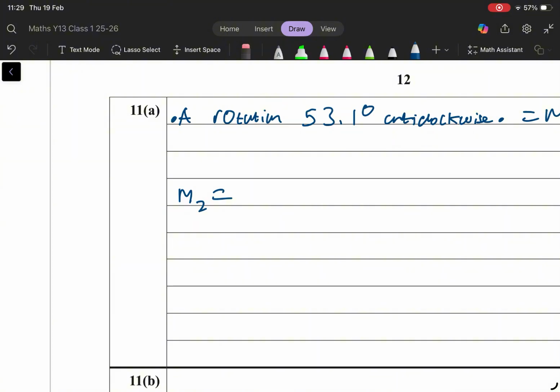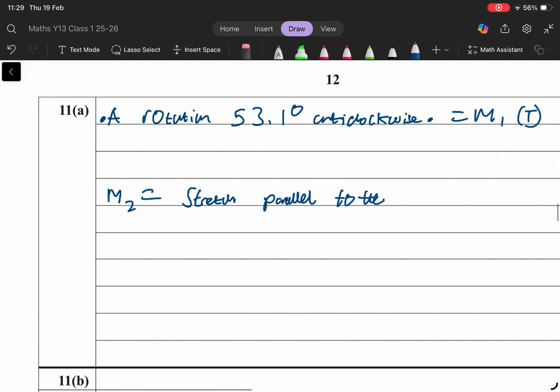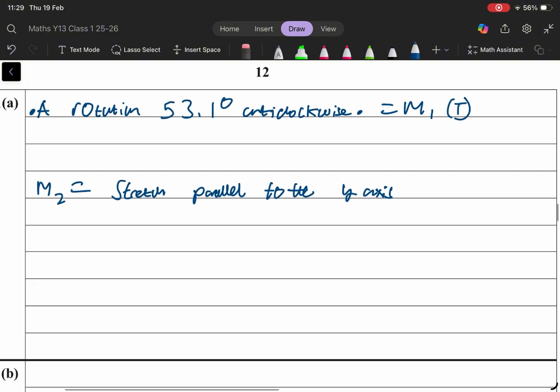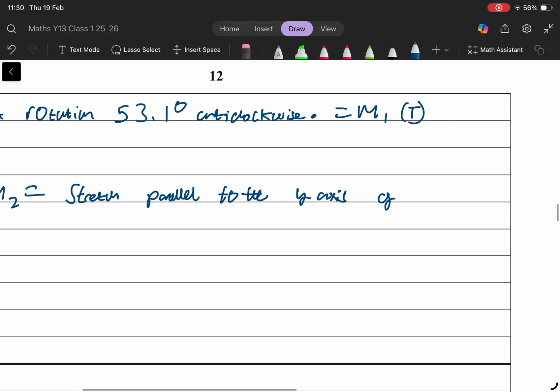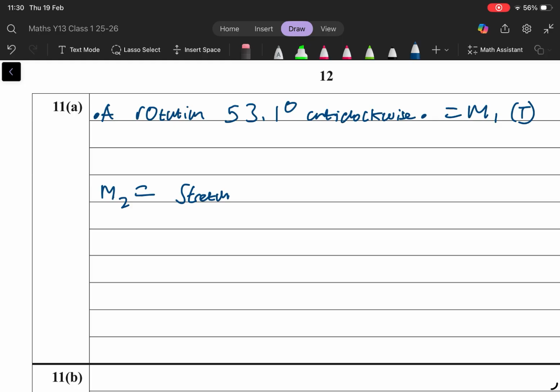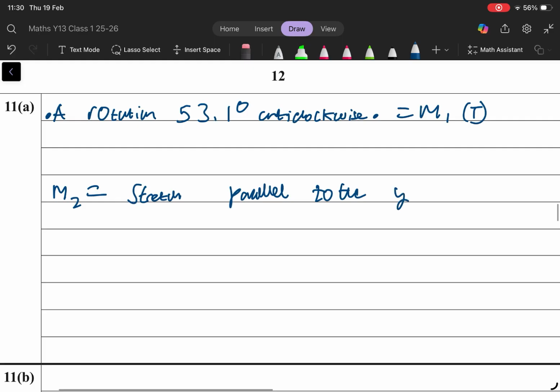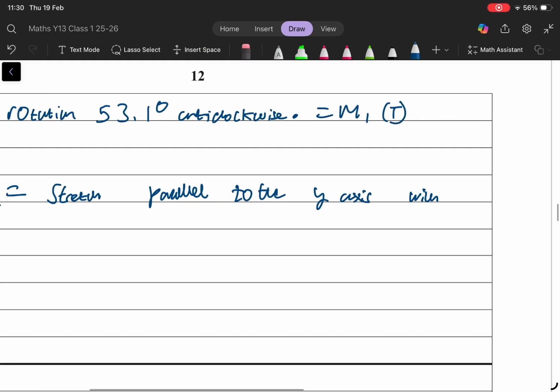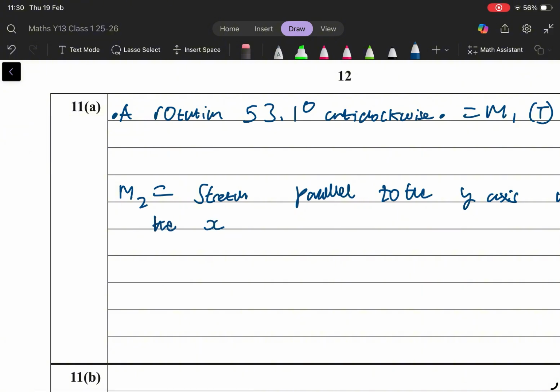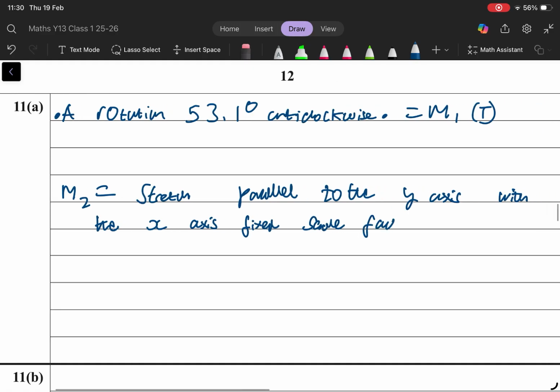It's just a stretch with a -1, like stretch parallel to the y-axis with the x-axis fixed, scale factor -1.